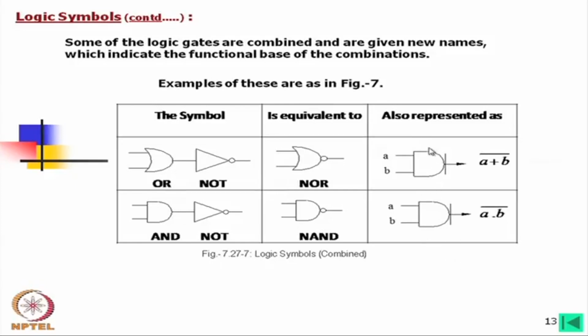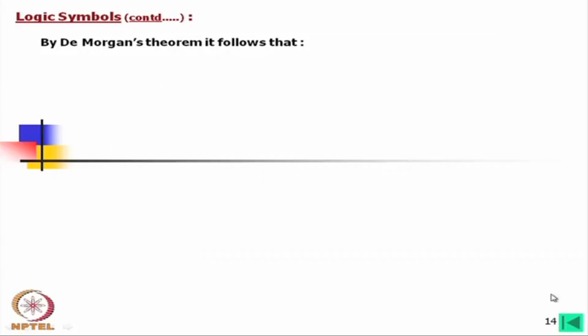If you look into these two, again only the device looks alike, only the symbol looks alike, but when we put A plus B bar or A dot B bar, that indicates two different devices. This is NOR, this is NAND. So, these are combining the symbols.